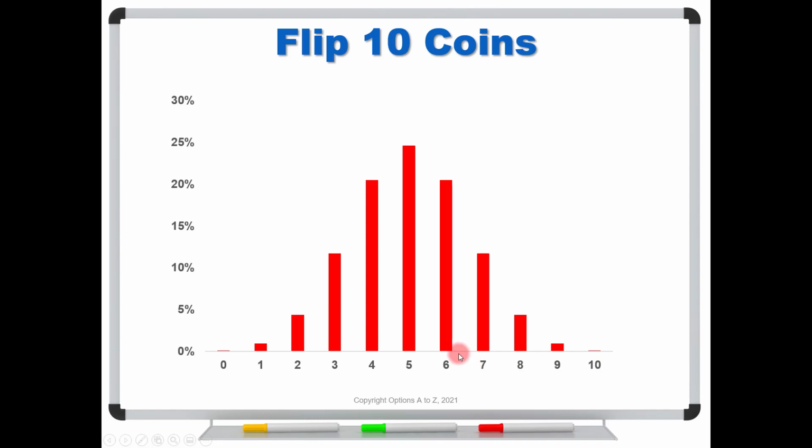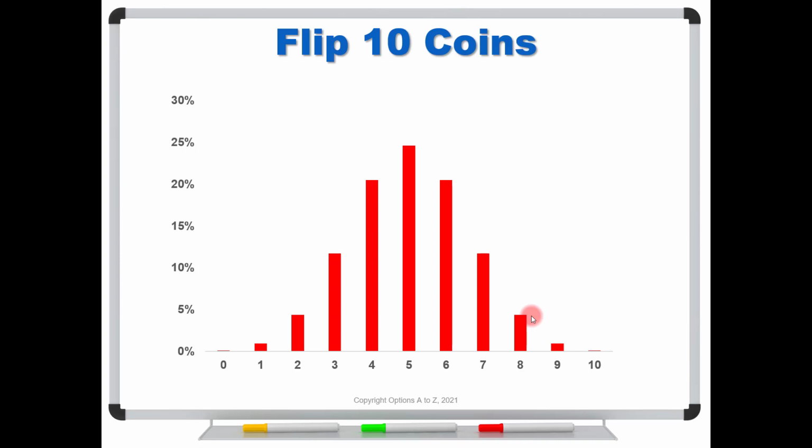If we wanted to know the probability of getting greater than 7, it would be all of these probabilities added together. If we wanted to know the probability of getting exactly 7, it's the height of this bar, and it turns out to be almost 12%. So it's very easy to figure out. And this distribution has looked the same since the invention of statistics, and it will never change. That's what we mean by a well-behaved distribution.